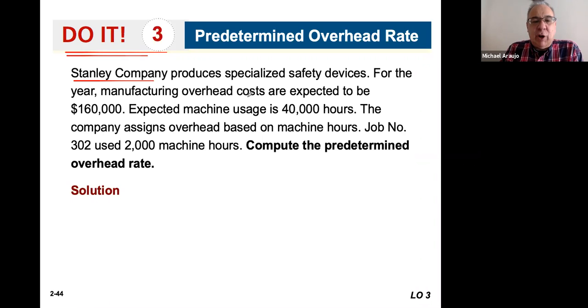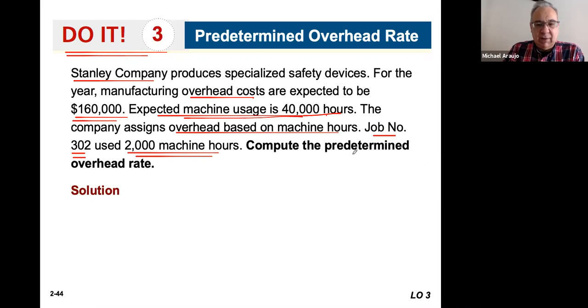For this, manufacturing overhead is expected to be $160,000. So they base things on the machine usage. They have 40,000 hours that they expect this machine to be used. And the company assigns overhead based on these hours. So job number 302 has used 2,000 machine hours. So what is the predetermined overhead rate?